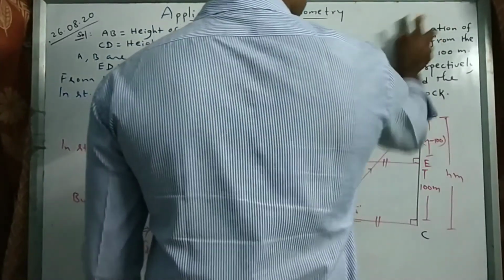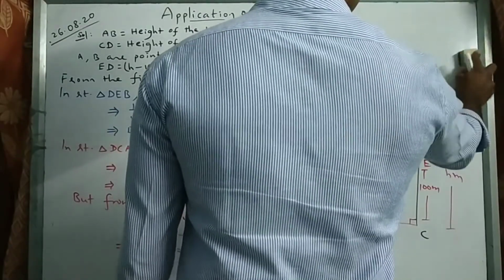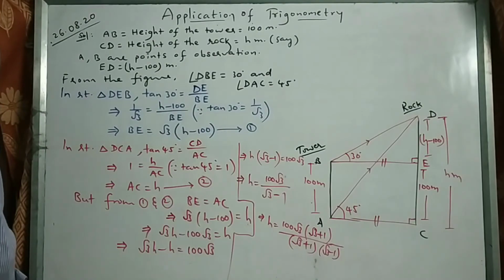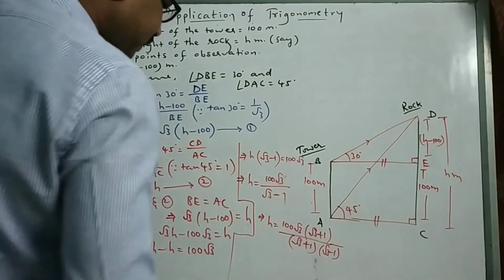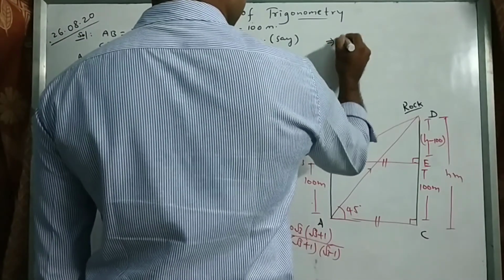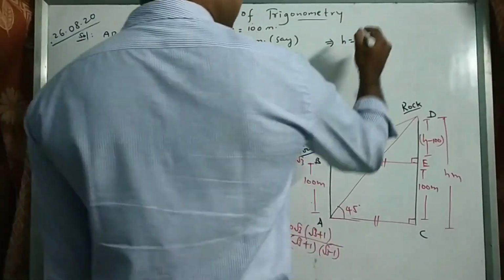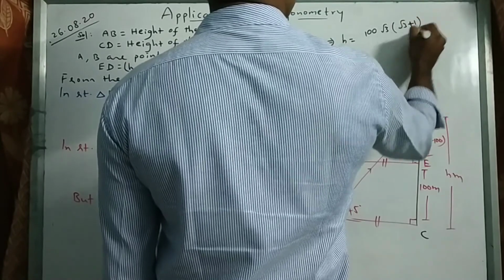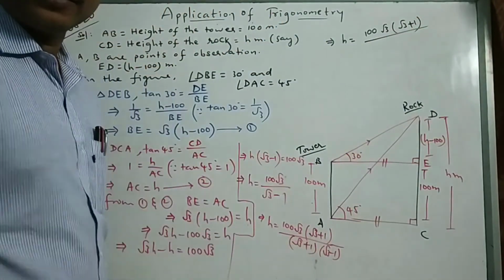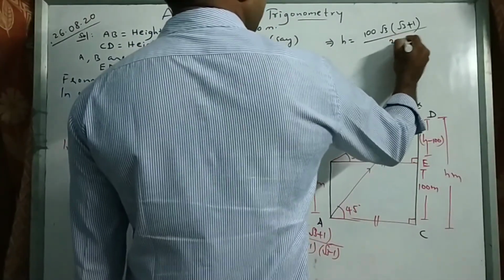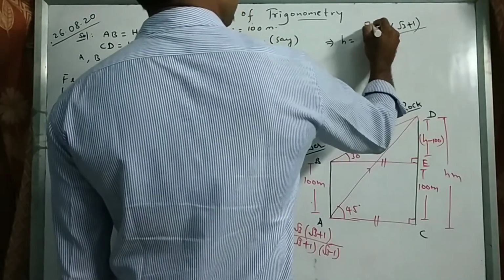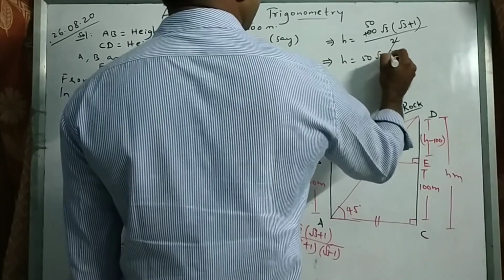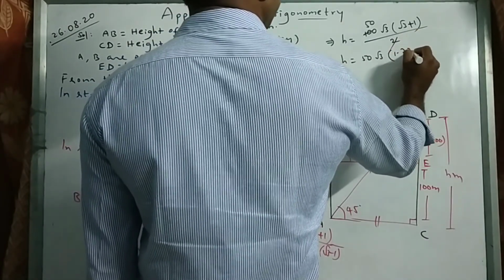Question I am erasing here. So you will get h equal to 100 root 3 into root 3 plus 1 upon, it looks like a plus b into a minus b. A square minus b square means 2, 50s. So h equal to 50 root 3 into root 3 plus 1, value 1.732.